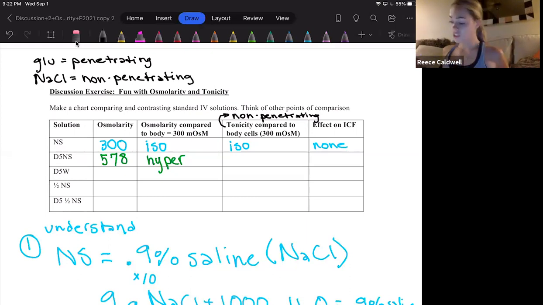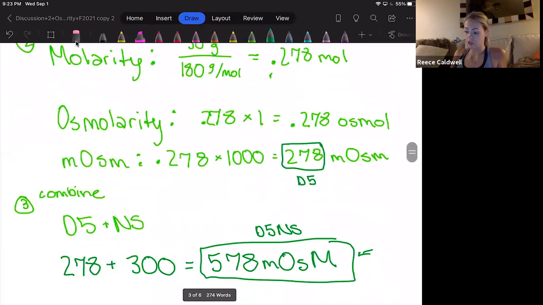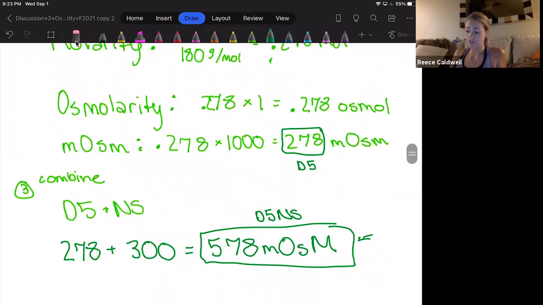So we have to do a very small calculation to finish solving this out. We're going to take our overall osmolarity and subtract those penetrating molecules. So that glucose, and again down here we solved the glucose or the D5 as 278.